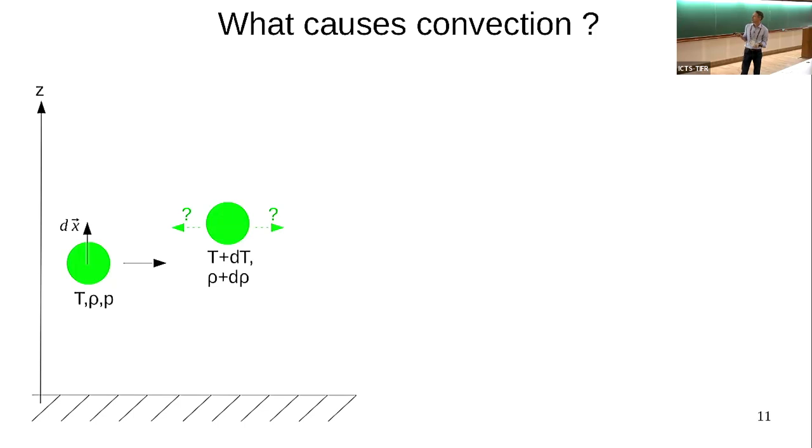Well, it's a bit higher. It has a temperature T plus dT and a density rho plus d rho. Then I ask, what's going to happen to this parcel of air? Is it going to convect or not? Well, I have to take into account what's on the sides, so let's call it the environment.